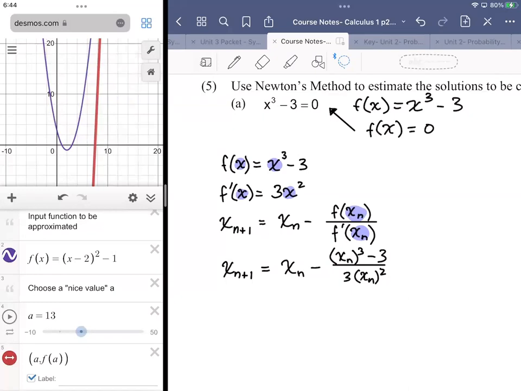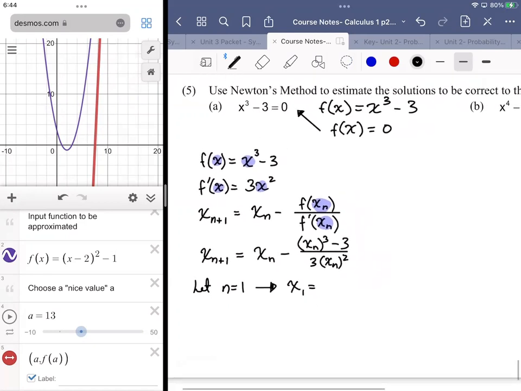So what we would do is let initially n equal 1, which corresponds to x sub 1, some initial value for x that we think is somewhere in the neighborhood of the root of the function.